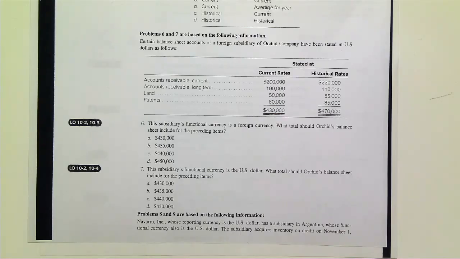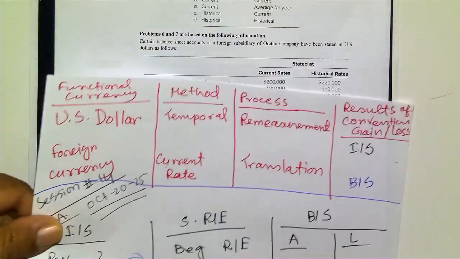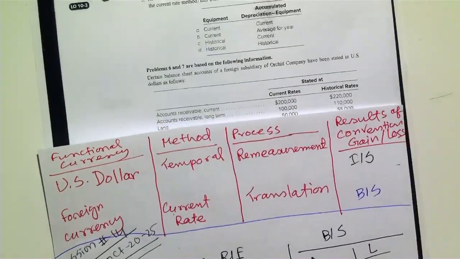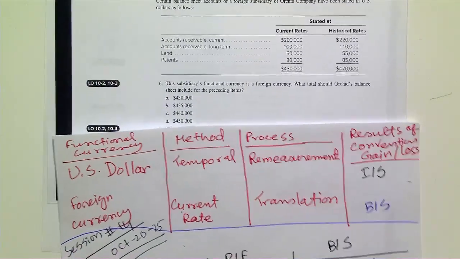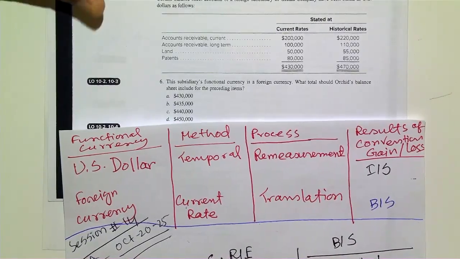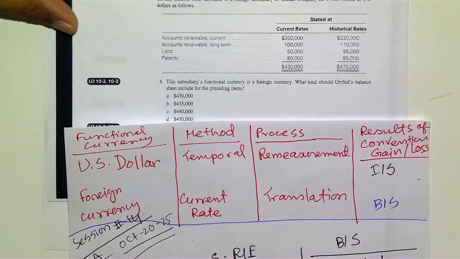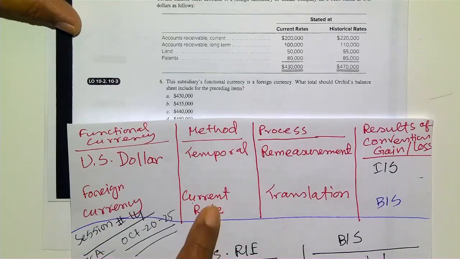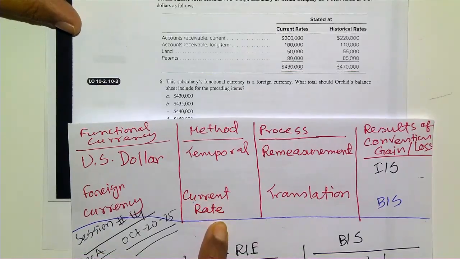Okay, let me see. Which method are we using? That's what you need to decide. This is the cheat table we wrote last class. Depending on what the functional currency is, you have to pick the method. So in number 6, the functional currency is a foreign currency, right, Ari? So what method are we gonna use? The current rate.